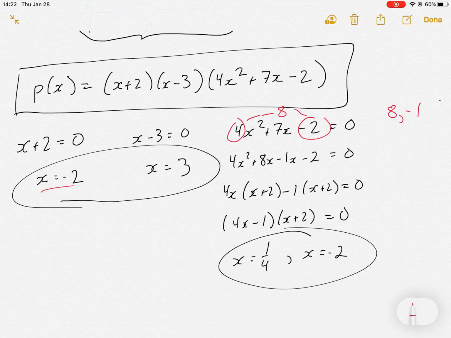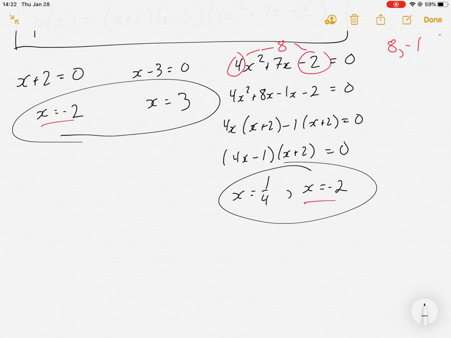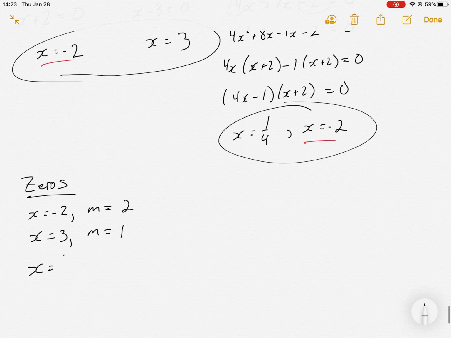Now you'll notice that there is a repeated root. x equals -2 repeats twice. So we would say that the zeros are x equals -2, whose multiplicity is 2 because it shows up twice. x equals 3 has a multiplicity of 1, and then x equals 1/4 also has a multiplicity of 1.